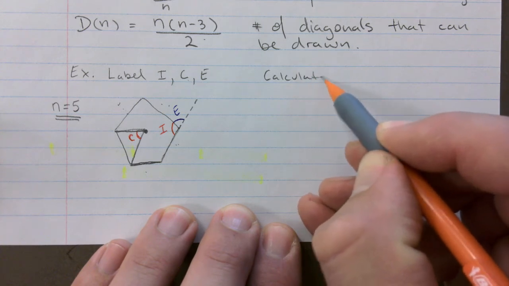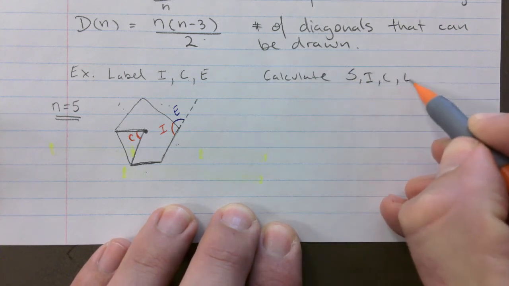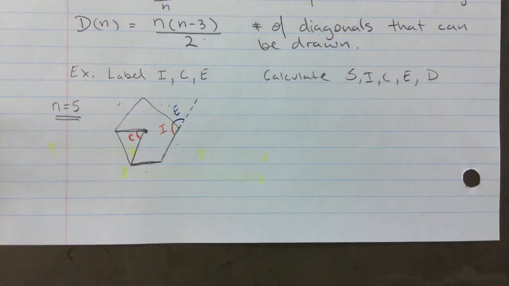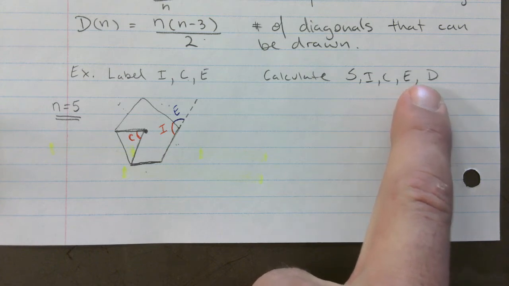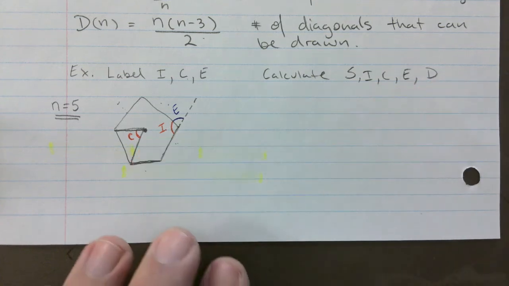Calculate for that particular one. We're going to find the sum of interior angles, just the one interior angle, a central, an exterior, and the number of diagonals that can be drawn in it.